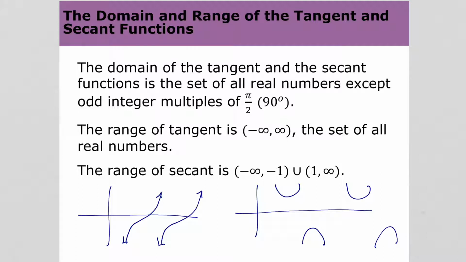So the range for cosecant and secant goes from negative infinity to -1 and then from 1 to infinity. The domain, for tangent and secant, is everything except for odd multiples of pi over 2, meaning pi over 2, 3 pi over 2, 5 pi over 2, negative pi over 2, and so forth.